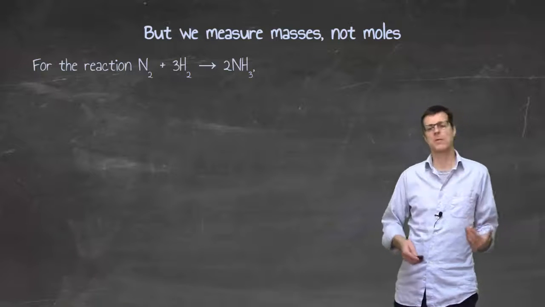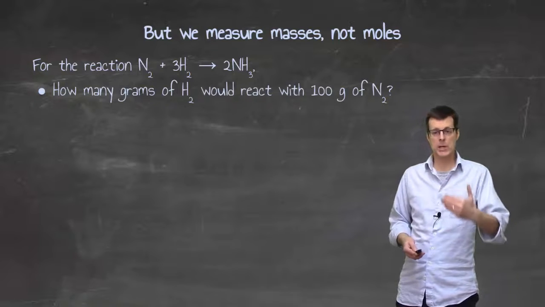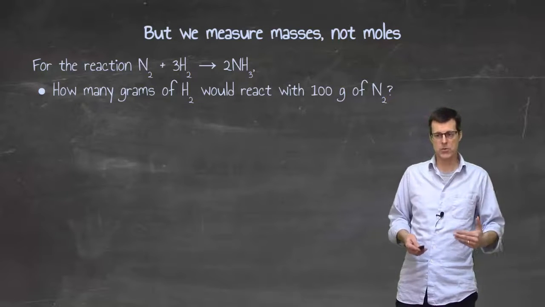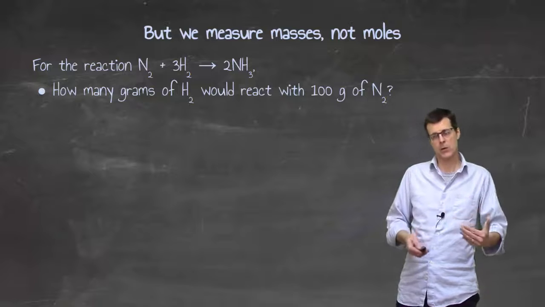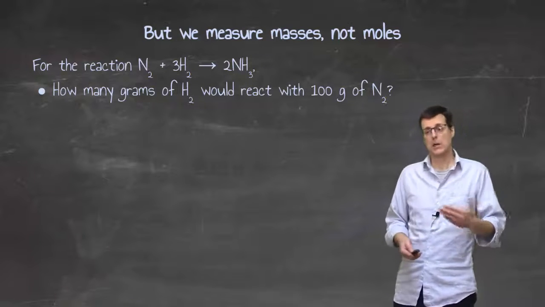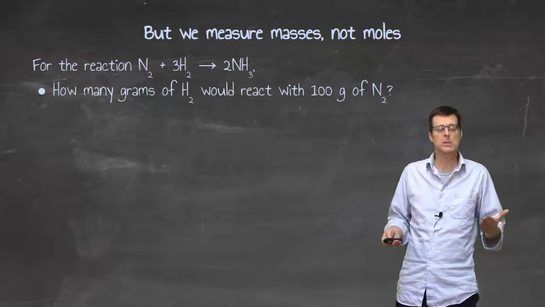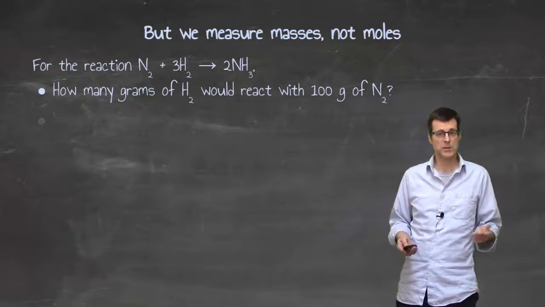So we're going to take my favorite reaction again, and the question is how many grams, or what mass, of hydrogen would react with 100 grams of nitrogen. That is a kind of typical or reasonable question to ask.